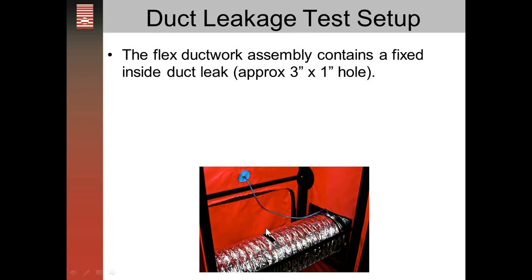So if you tape off this opening and tape off that Velcro connection, you should get similar readings on your duct leakage to outside and your total duct leakage with those things taped off.